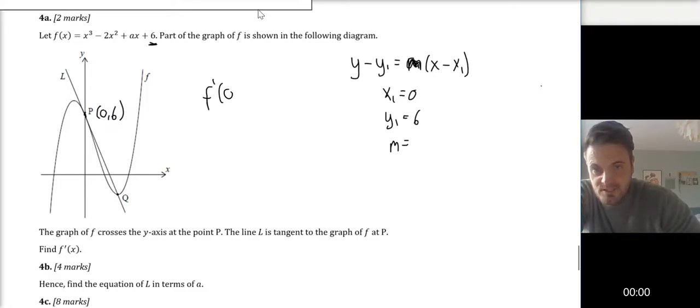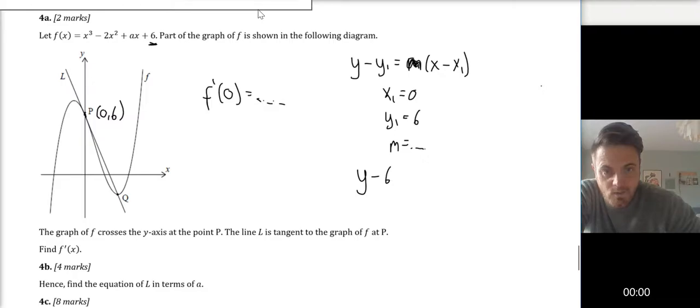So if I put 0 into the derivative, I will get an answer, and this will be the gradient, the slope of the tangent. So calculate this and you get a number, and this is then m. You get y minus y1 equals m, which I haven't calculated, so you have to do that on your own, but m here should be a number, times x minus x1, which is 0.